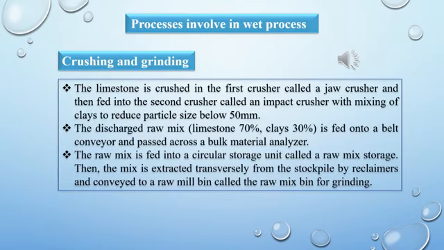These two crushers convert the raw material particles into the size of 50 millimeters. Now that mixture is fed into the analyzer where it is analyzed, and good quality limestone is fed into the next phase while the bad quality limestone is rejected through the reject belt conveyor.